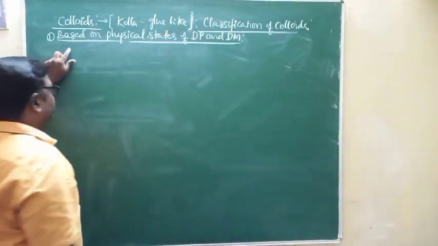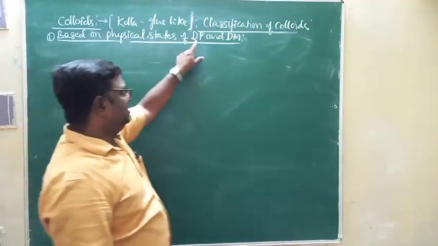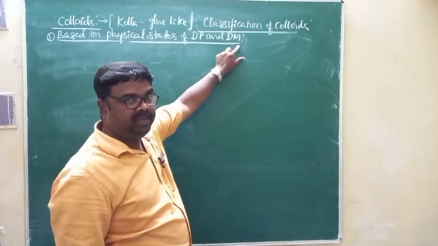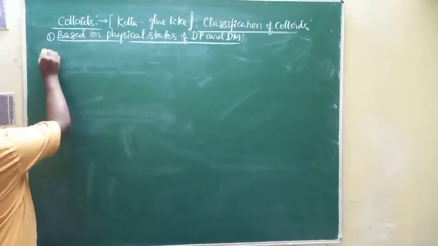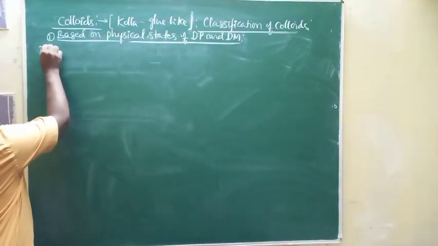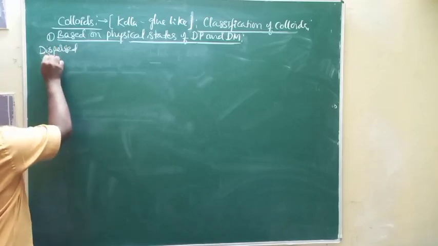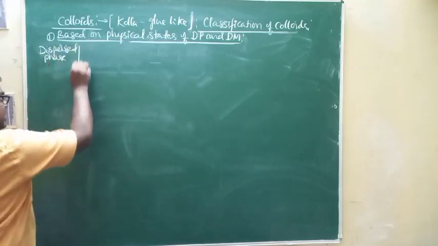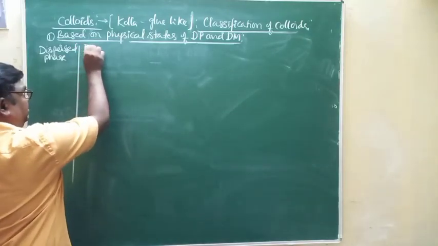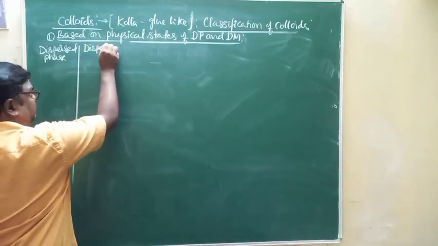First of all, it will be based on physical states of disperser phase and dispersion medium. For that purpose, you just have 4 columns. In the first column, it will be disperser phase. Second column, it will be dispersion medium.